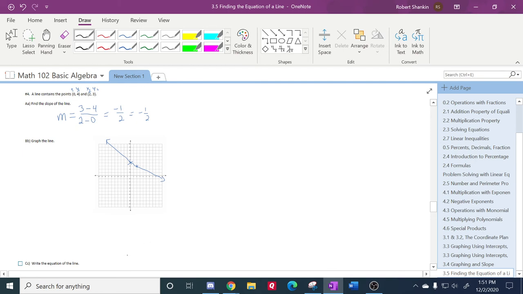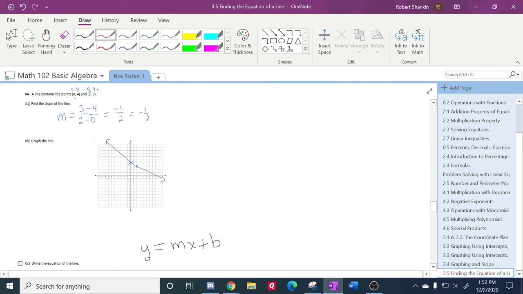Ah, you're right on track. What we do when you're asked to write the equation of a line, you just impose this format. And then you just fill it in.